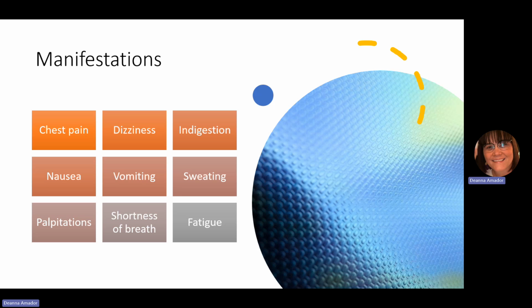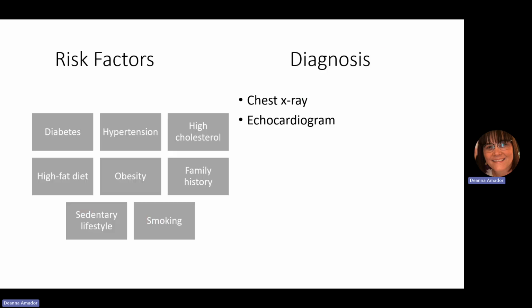And they could have JVD, enlarged liver. So anyway, just think of fluid overload. Some risk factors for these patients: diabetes, hypertension, sedentary lifestyle, pretty much anything that's the same with STEMI as well.